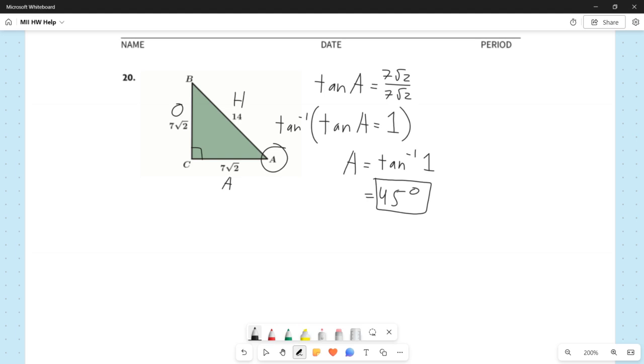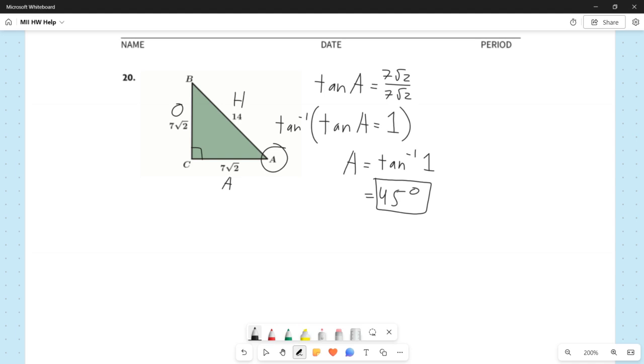If you got to the second to last step here and you realized that the tangent of 45 is 1 because you've memorized those values in the unit circle, then that's great. If you could solve this question without using the calculator, that's a good sign.